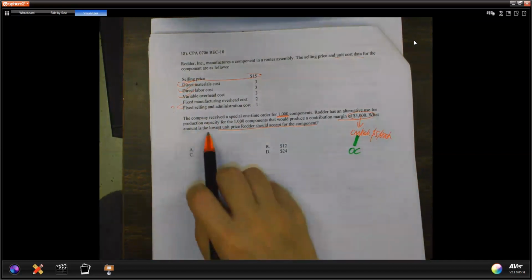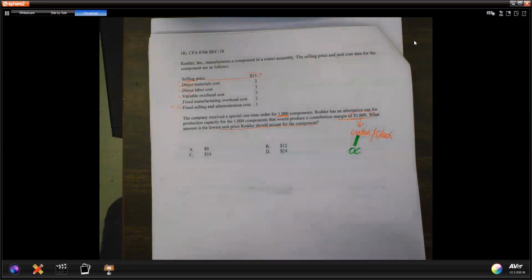So what's the proper name now? Because this is opportunity cost, right? Because if you make, you cannot do something else which will give you contribution margin $5 each. What's the lowest unit price that you should accept?